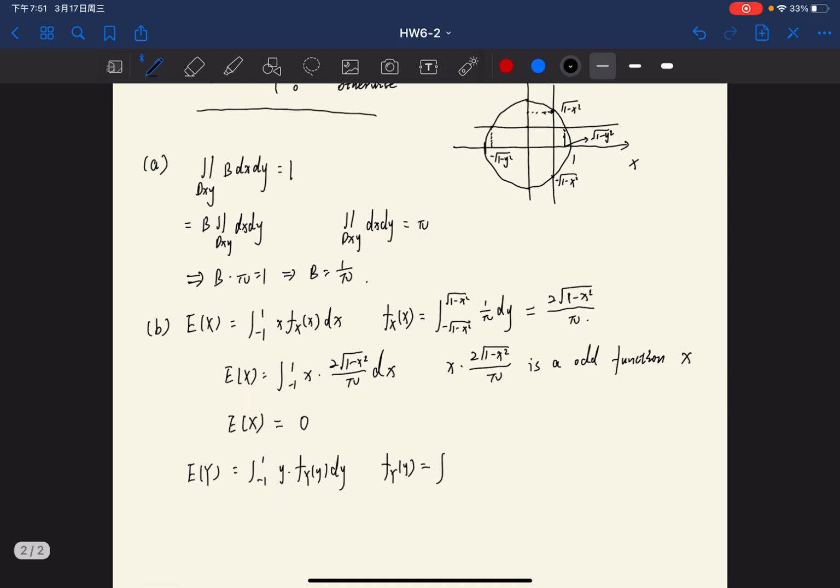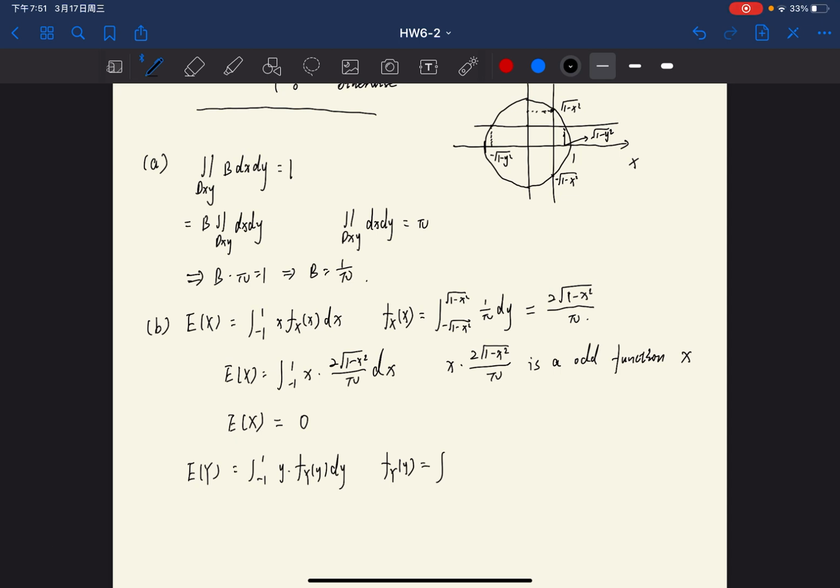And so f_Y(y) equals to the integral from negative square root of 1 minus y to the power of 2 to square root of 1 minus y to the power of 2, of 1 divided by pi, dx.